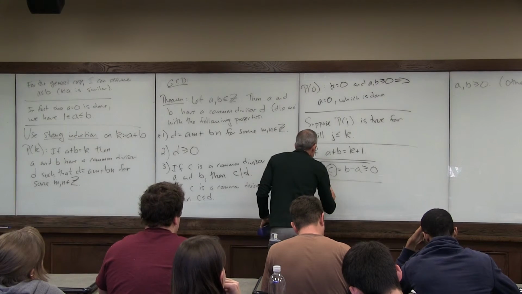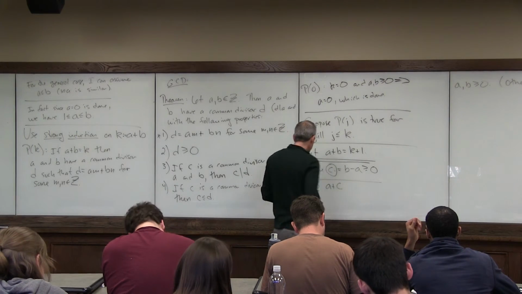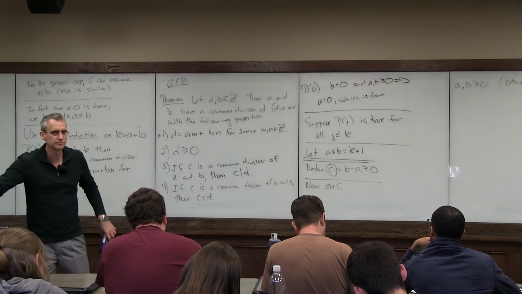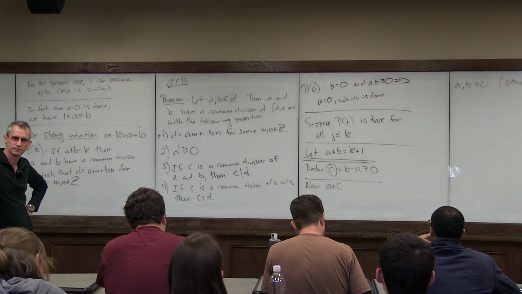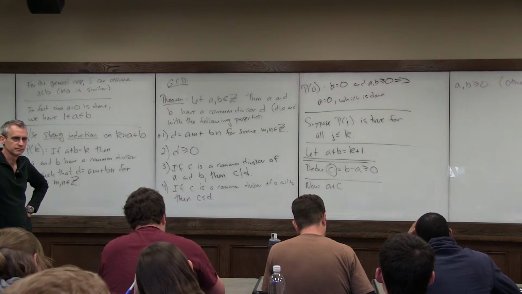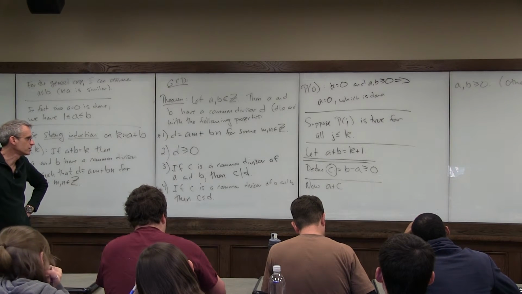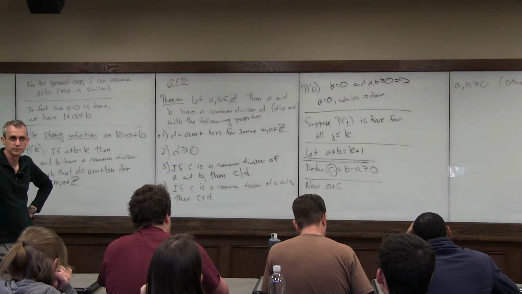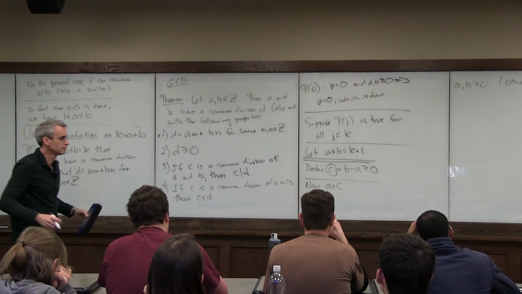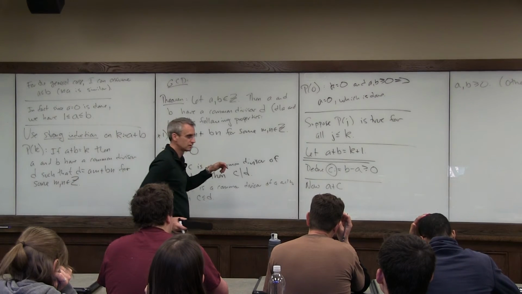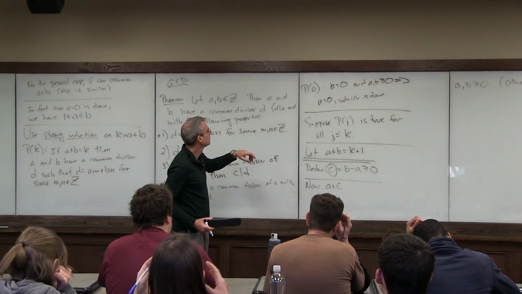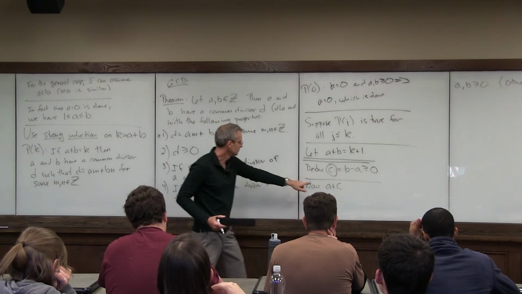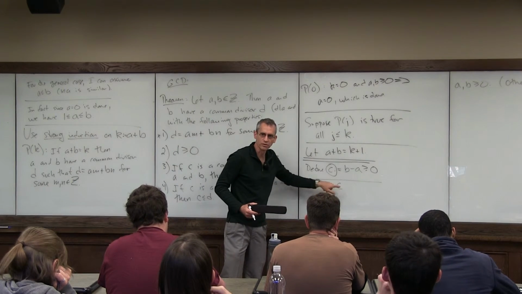So now let's look at A plus C. What do we want to know about A plus C? In order to use strong induction, the sum of these two should be what? Our induction is on the sum of the two numbers, right?